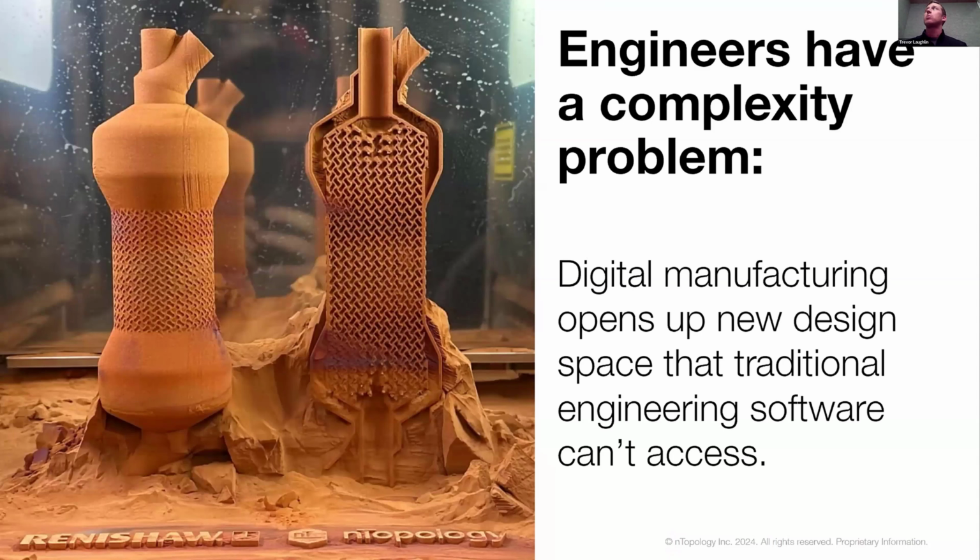I'll give you one example that was an eye-opening experience for me in my early days at nTop. I think it was early 2019. We were visiting a customer, I think it was GE Aviation, and in the morning they took us through their current design process for a part that looked very similar to this in terms of complexity. They were using their existing CAD program to do it. They couldn't model the part in one CAD instance.